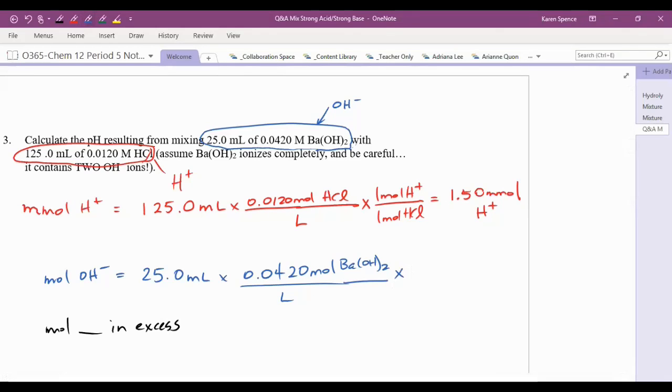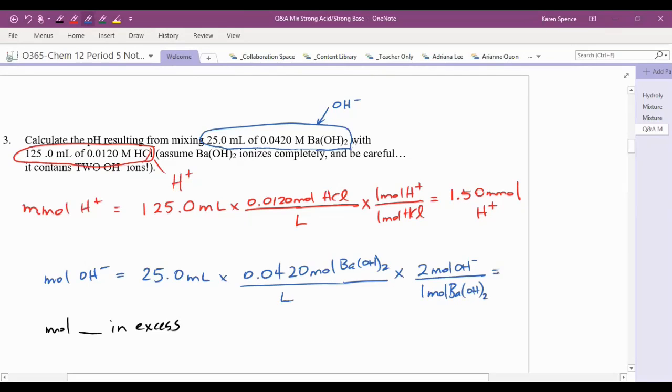And we are going to then say, okay, we get 2 moles of OH minus for every 1 mole of barium hydroxide. Okay.